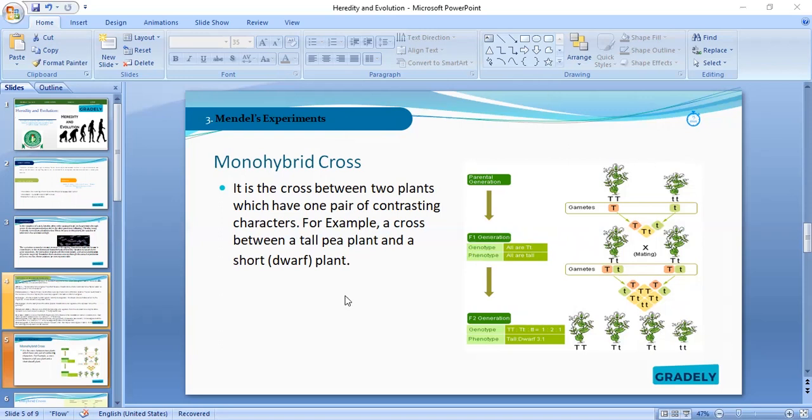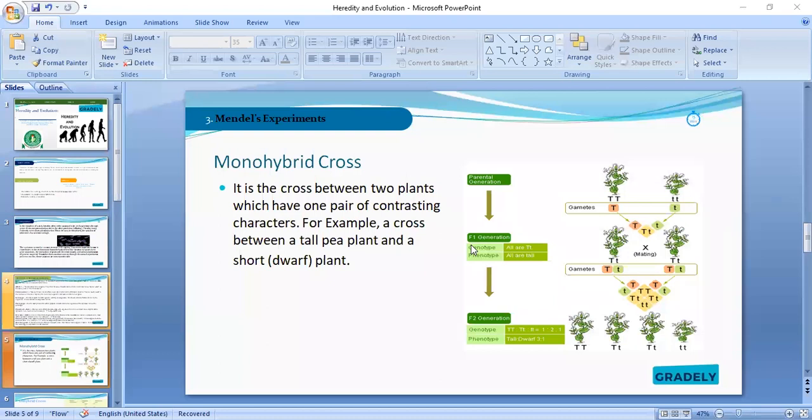So when we say that two characters, let's say tallness and shortness, cross together, are you getting it? If we have capital T and small t crossing together, at the end of the day we'll have a particular character. Now, this capital T will cross with this small t.